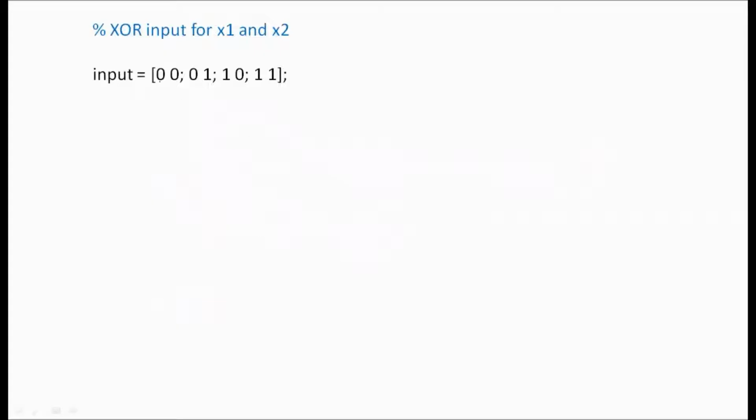First we'll give the input conditions. The 4 rows of the truth table for the XOR gate are 0 0, 0 1, 1 0 and 1 1, written in matrix form. Then the target output: if the input is 0 0, the output of the XOR gate should be 0.